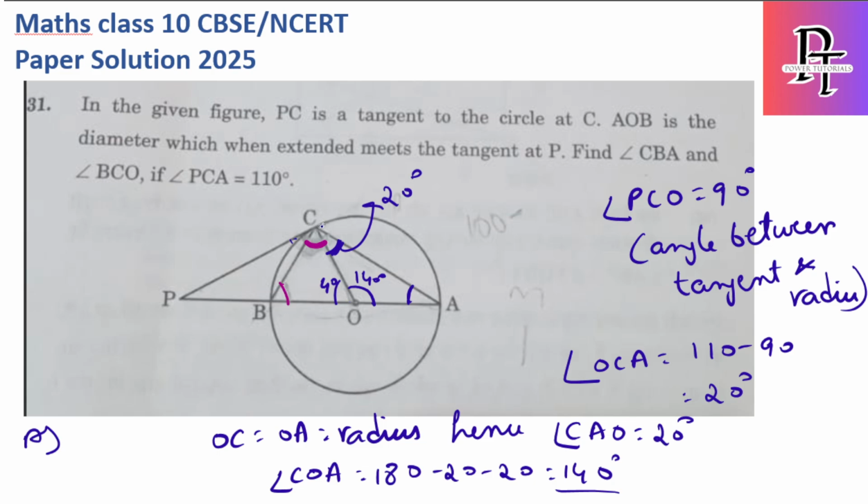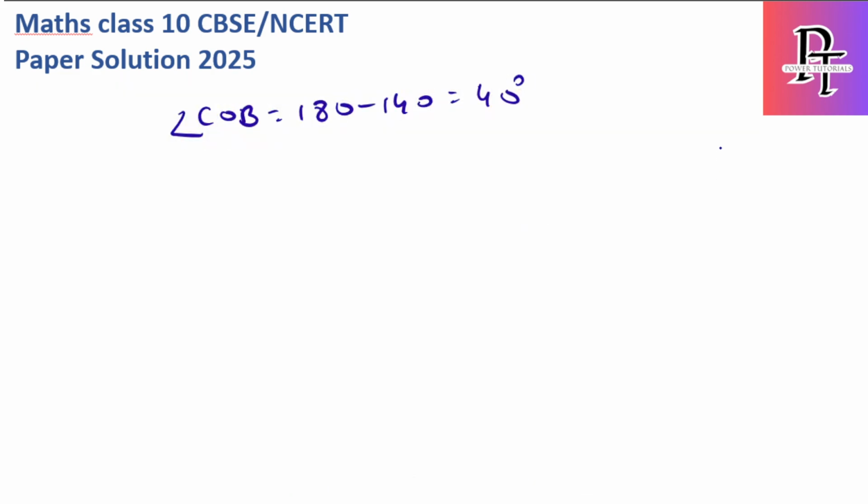Then from the other end of the diameter, the angle will be half of that angle. I don't exactly remember if this is present in NCERT, but this is a property of circles along with the diameter. Suppose we have a diameter and a point on the circle. If from the center it has theta degrees, then from the other end of the diameter it will have theta by 2 angle. This is a property of circle and diameter.